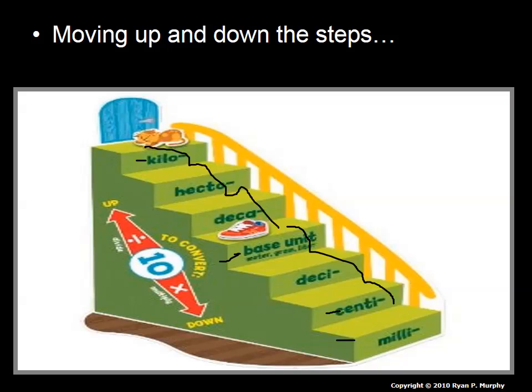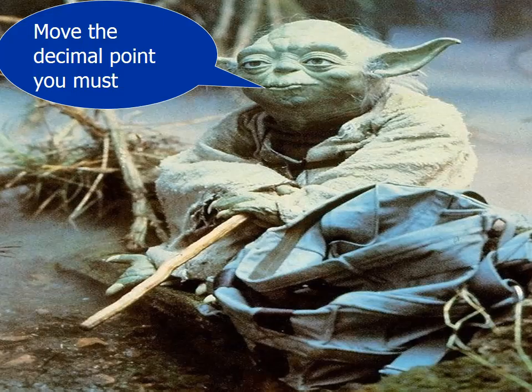And just like this picture, if you go up the steps, you are going to move your decimal point to the left. And if you go down the steps, you're going to move your decimal point to the right. Exactly. Thank you, Yoda. And so let me show you a little animation on the next screen here to reinforce this a little bit.